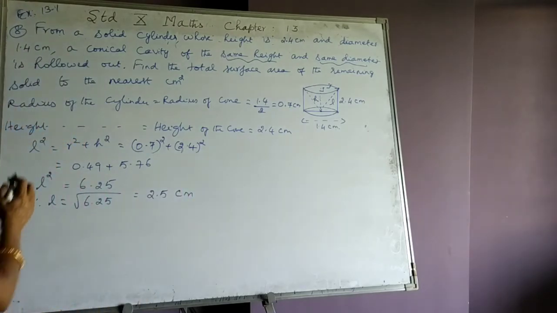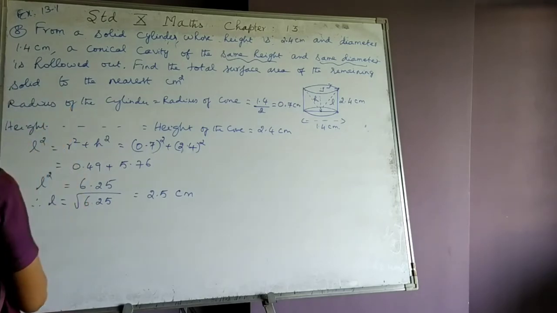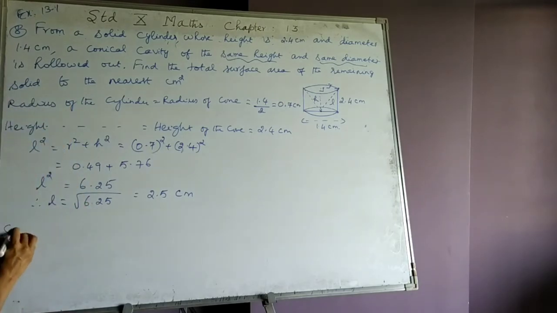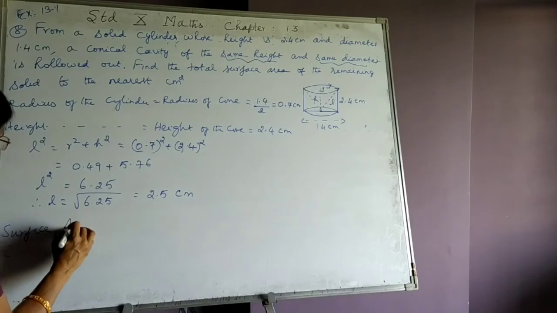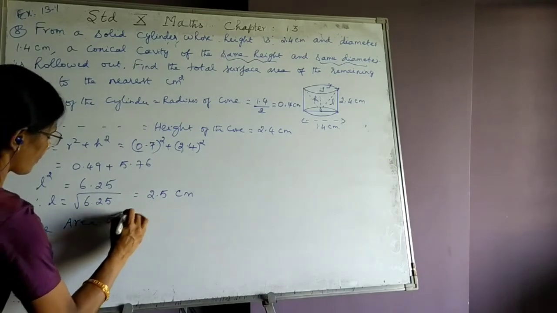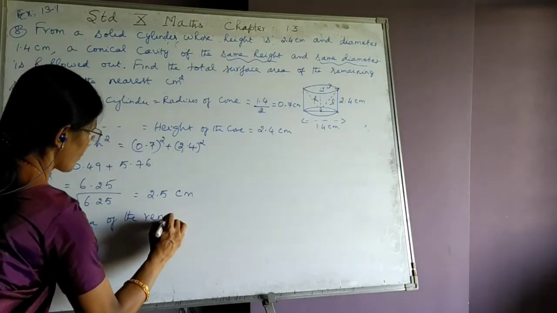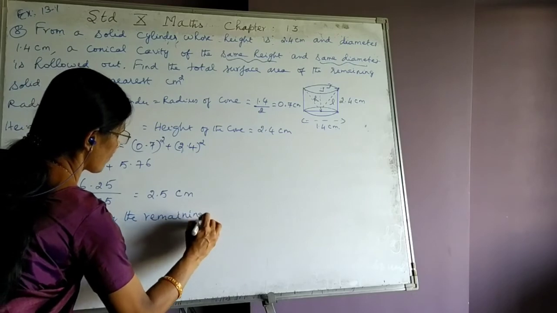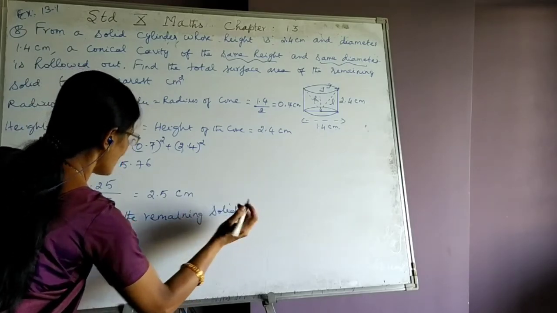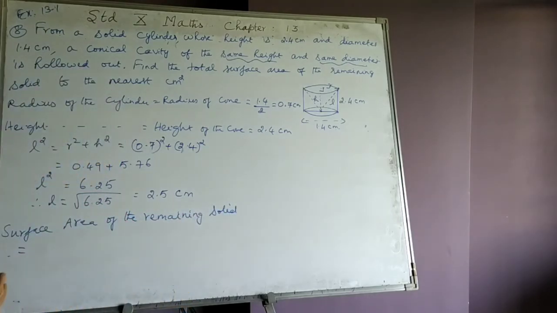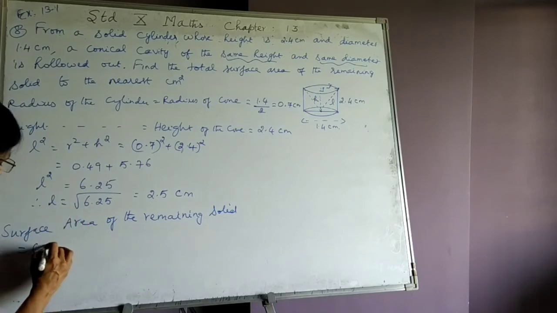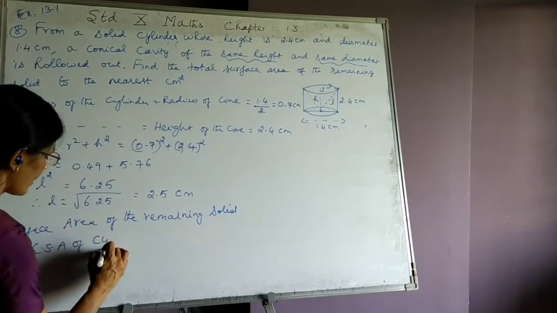Right. Next, we have to find out the surface area of the remaining solid, which are the shapes we could see. If there is a cylinder, so I write CSA of cylinder.